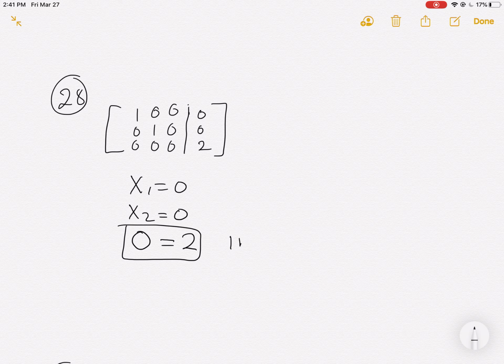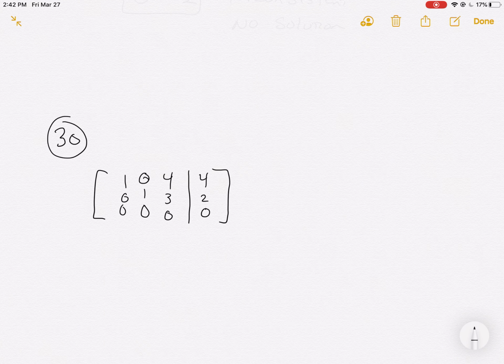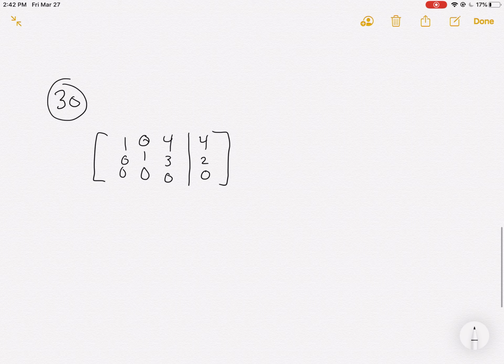And so this is where we get what the book will call an inconsistent solution or a system, or basically what we used to say is it has no solution. Either way you write that to me is great, but that's how you're going to recognize a no solution case.